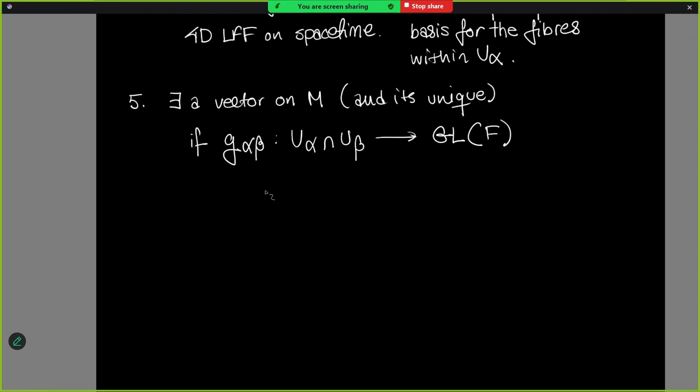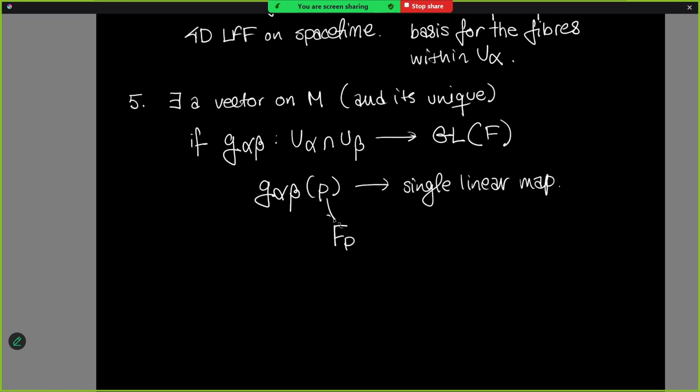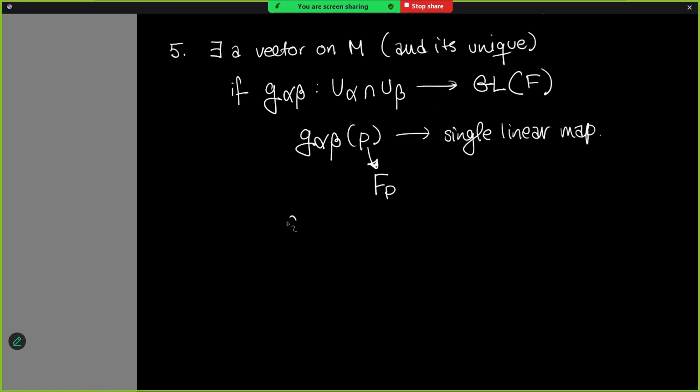If I take G alpha beta of P, then I get a single linear map. This is the linear map that tells me how to go from the representation of the fiber F_P at this point P on U alpha to the representation of F_P on U beta.